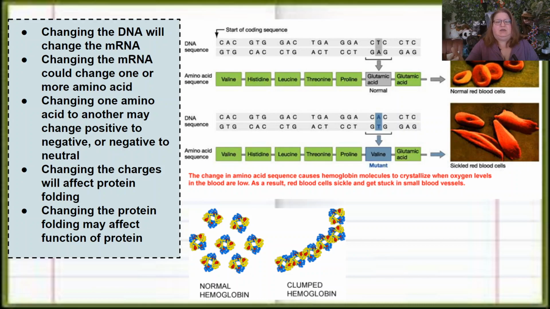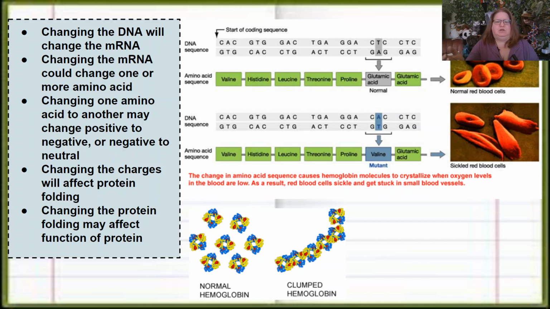Now, changing the mRNA could change one or more amino acids. Remember, it could be silent, it could be a missense, or it could be a frame shift. So that is going to change. Now, if you only change one amino acid, it may not be anything. It could be silent. But changing one amino acid could make a big difference if it changes the charge on the amino acid.